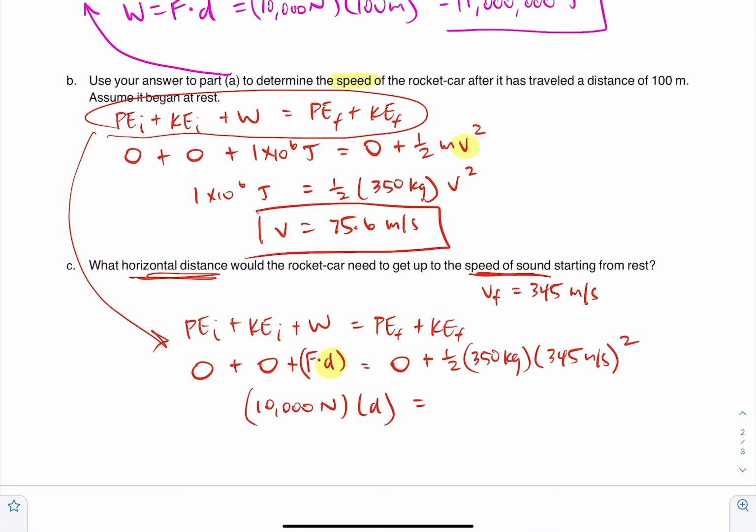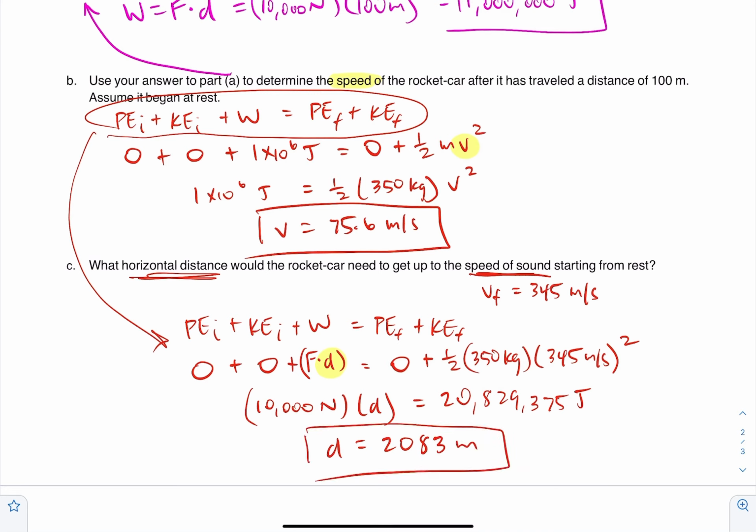That's a massive number, millions of joules here. 20,829,375 joules, okay? So dividing both sides by 10,000 gives me a distance of 2,083 meters. I'm rounding that.